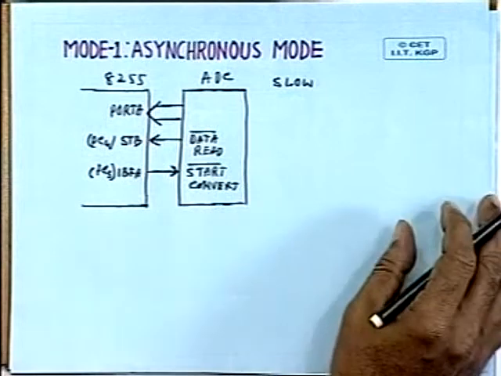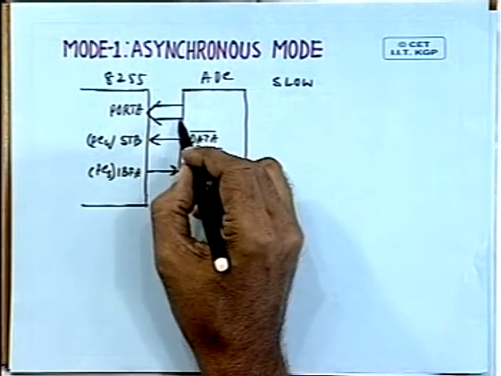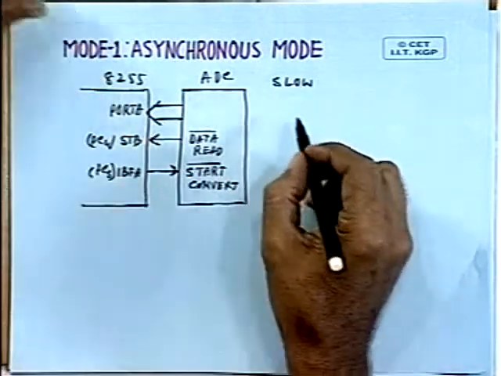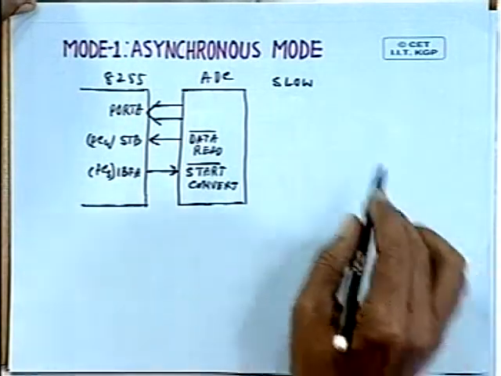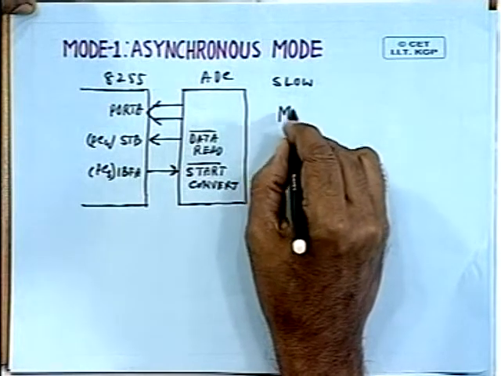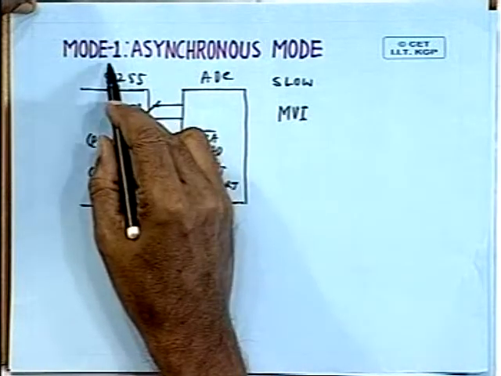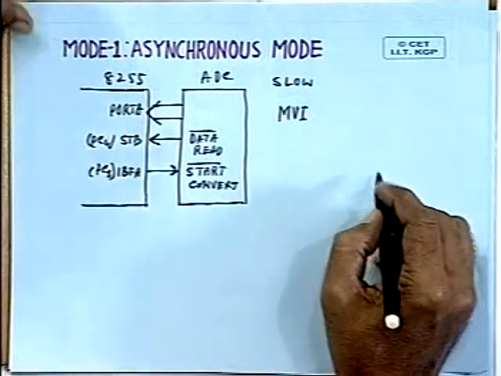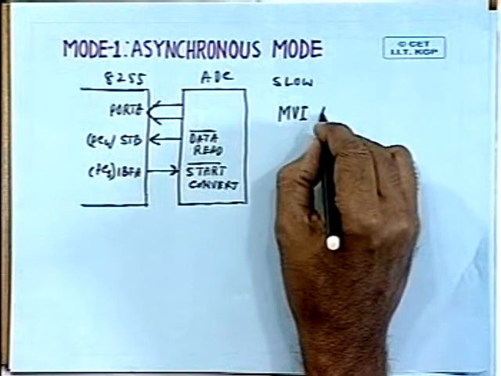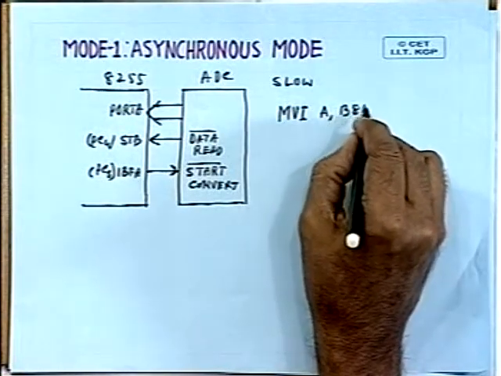Let us see how it can be used to transfer data in asynchronous mode by writing a suitable program. The program, first of all, will configure the port A in mode 1 and as an input port. To do that, the corresponding code that you have to write is B0H.